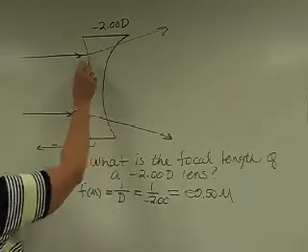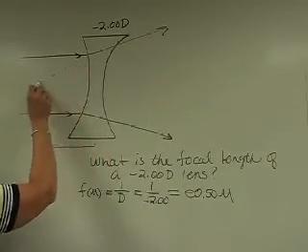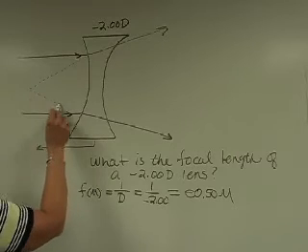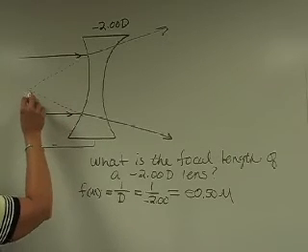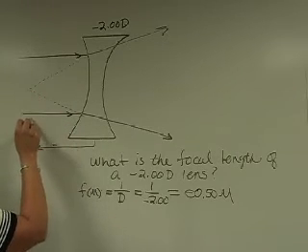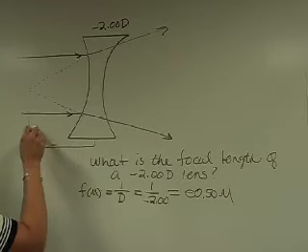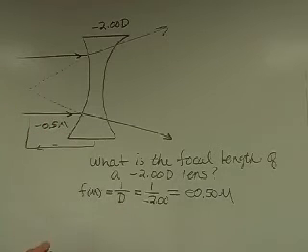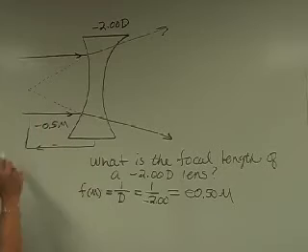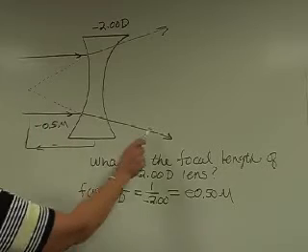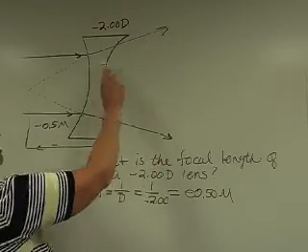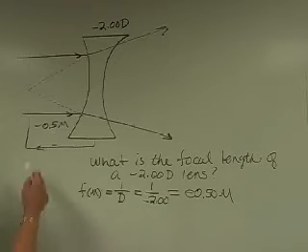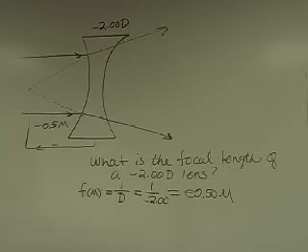And if I trace back the light rays on the left side, you'll see you have a virtual or theoretical focal point here of -1/2 meter. Virtual meaning that it never really does come to a focal point. The light rays actually just diverge and continue on. But if we were to trace them back, we would find the theoretical focal point of that lens.